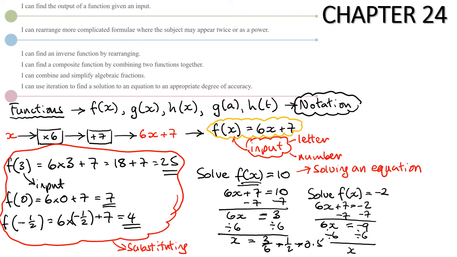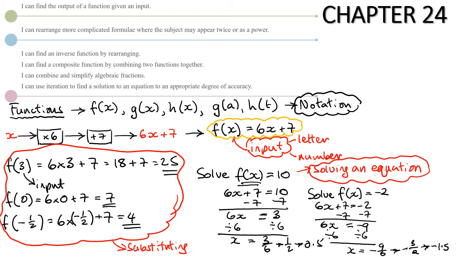And I'll have x equals negative 9 over 6, which I could leave like that. Or divide both by 3 and have negative 3 over 2, which is the same as negative 1.5. So you can see with a function, once we set it up, we can substitute or we can solve.